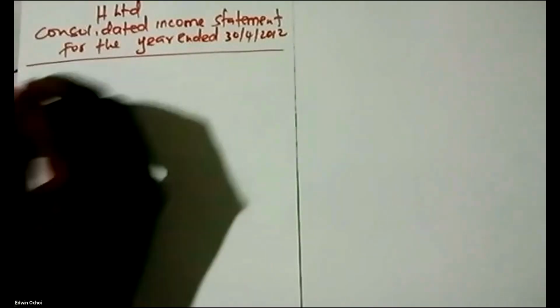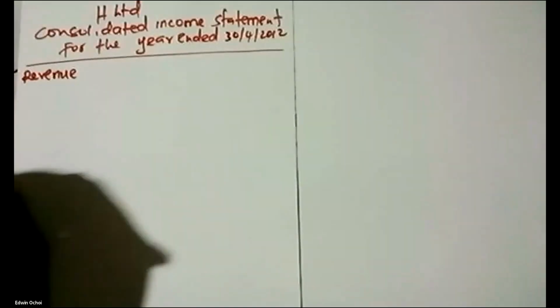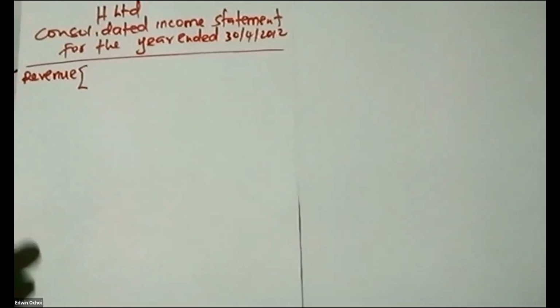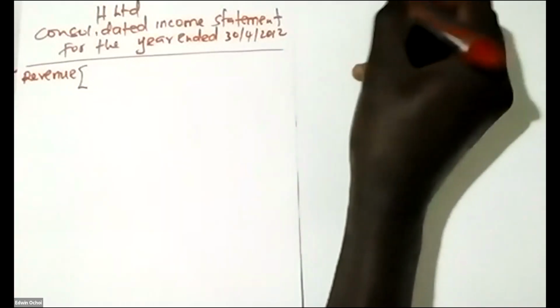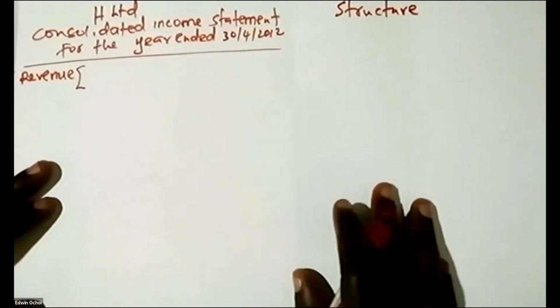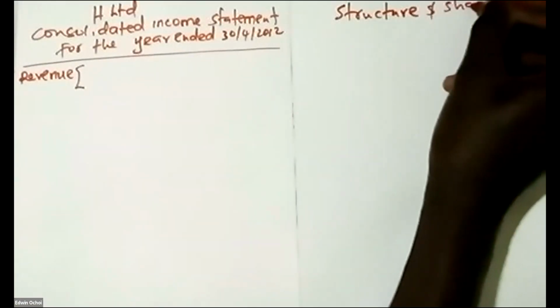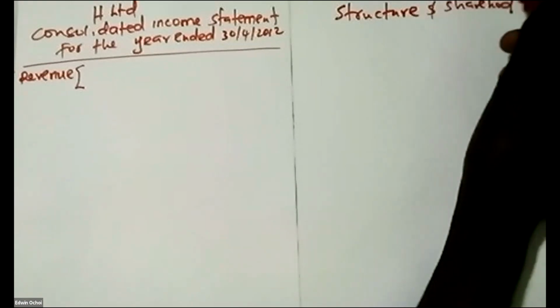So we always start from revenue. So for the revenue, parent plus subsidiary. So anyway, before this, there's something I could have started with so that we check accordingly if the subsidiary was existing for the entire year. So I could have started with this structure and shareholding.